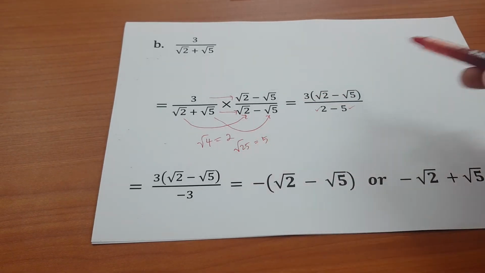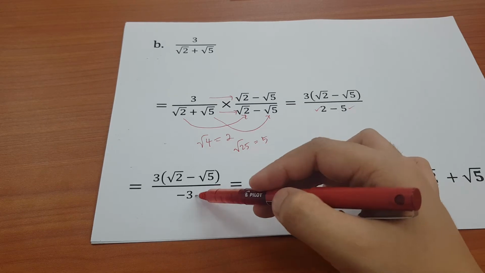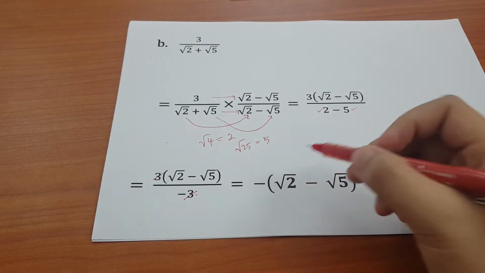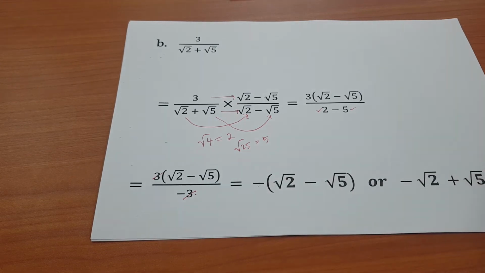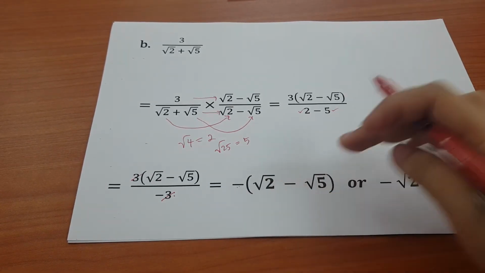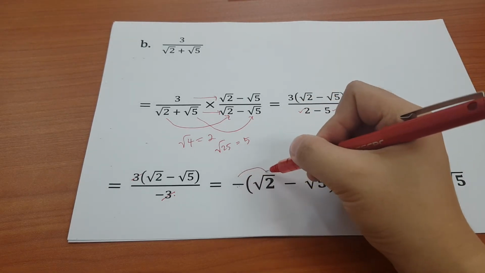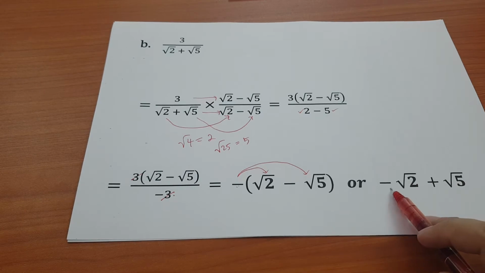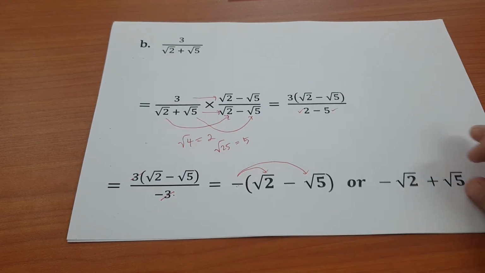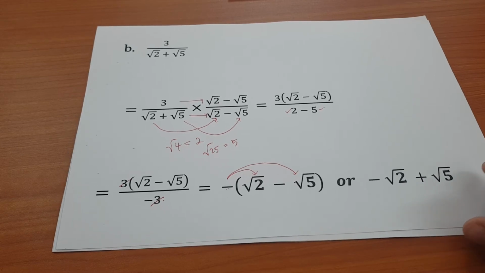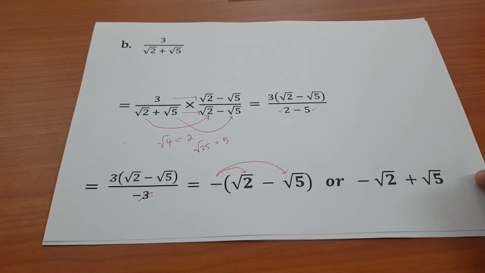So same numerator, and 3 is common, so I can remove the 3. Therefore, the final answer is minus of root 2 minus root 5, or you distribute the minus, so this becomes minus root of 2 plus root of 5. So that will be the end of how to rationalize a denominator.